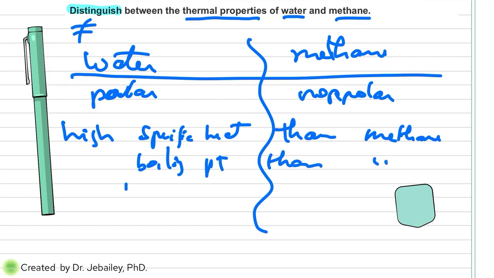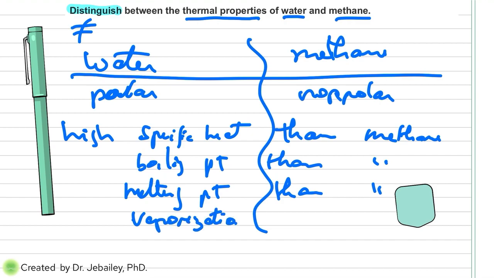Melting point, then methane. So because water is polar, everything, specific heat, boiling point, melting point, even the vaporization, are all higher than methane. And you have to write that full sentence to get the point.